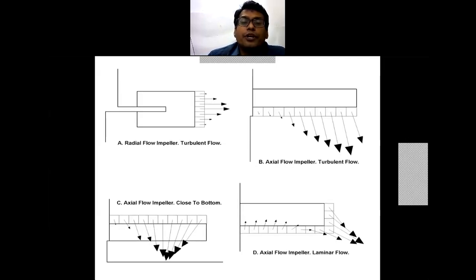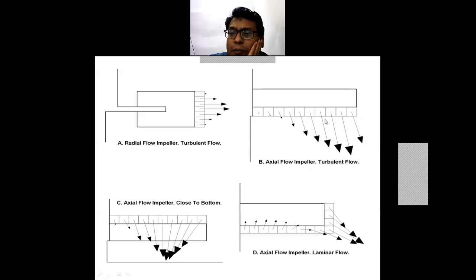Now looking at this figure, that is the paddle provided, and you will observe the radial flow. Now this generated flow will be a turbulent one. The blade angle that is provided is going to create a turbulent flow. Sometimes this angle is going to create the laminar flow also.